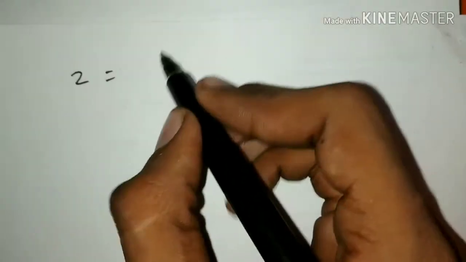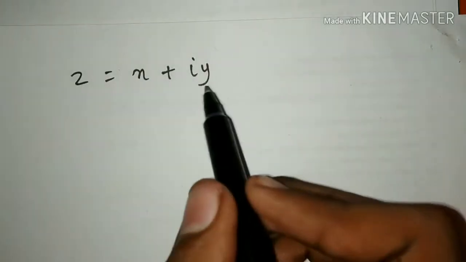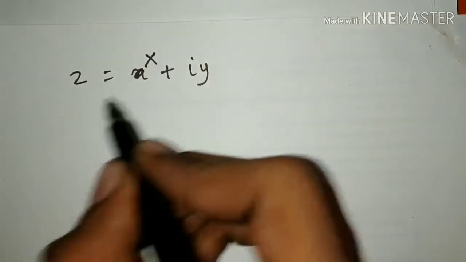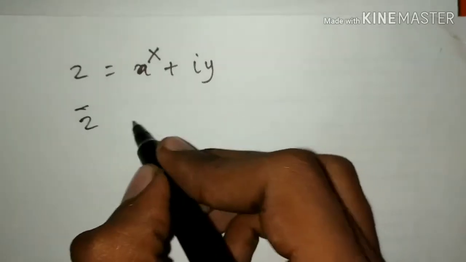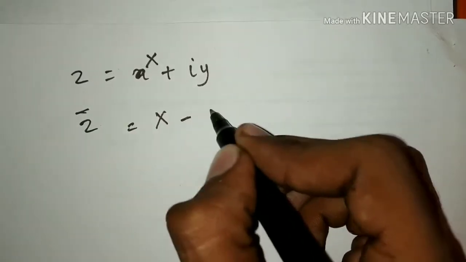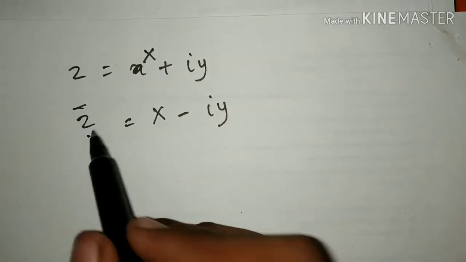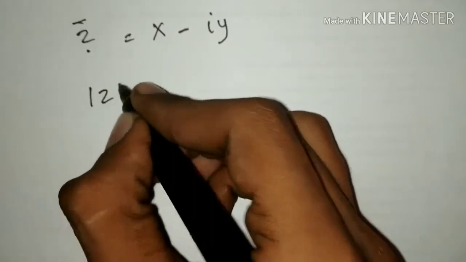We need to learn about the modulus. What is the modulus? Well, remember we learnt about the conjugate of a complex number. Suppose I have a complex number z equals x plus iy. Then the conjugate, denoted by z bar, equals x minus iy. Now with the conjugate, we define another function, the modulus.